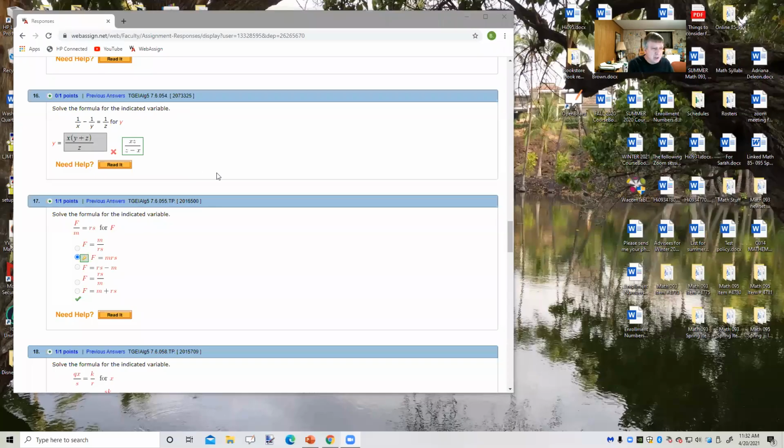All right, so it says, solve the formula for the indicated variable. We have 1 over x minus 1 over y equals 1 over z, and we are to solve for y.